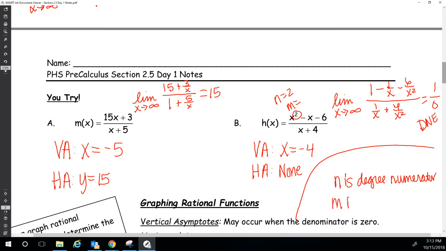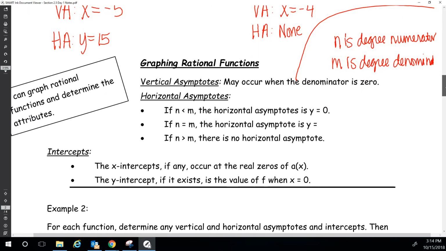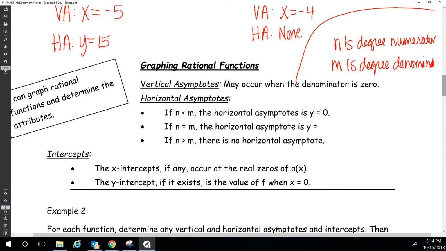M is the degree of your denominator. So for this example, m would be 1. So what this is saying is, if n is less than m, so the degree of your numerator is less than the degree of your denominator, then your horizontal asymptote is y equals 0.